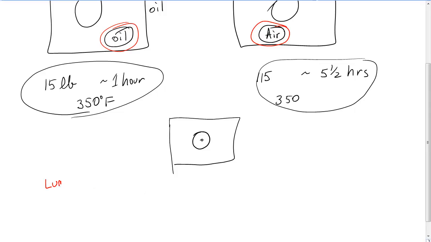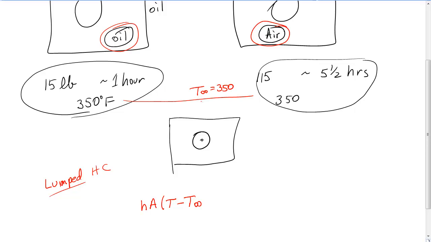It's often called a lumped heat capacitance system, and the equations have to do with hA times the temperature minus T infinity, which in both of these cases is 350 degrees, and that heat is balanced by, okay, so here you have a turkey, you have this amount that's basically dissipated.